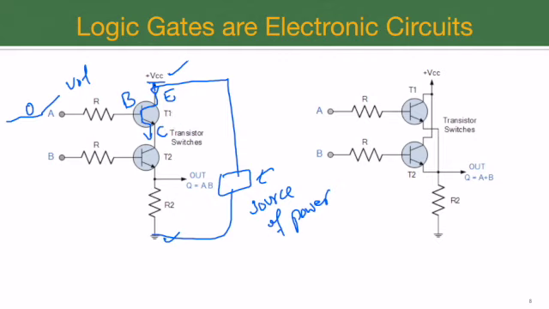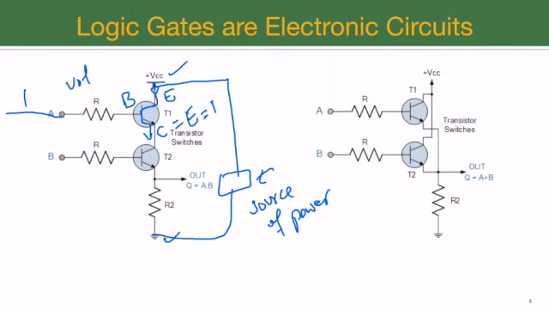On the other hand, if I apply the value of 1 over here, which essentially means a voltage is applied here, then the collector will also show a voltage value equal to the value of the emitter. Whenever the current is flowing or the voltage is being measured, we say that this value is 1.